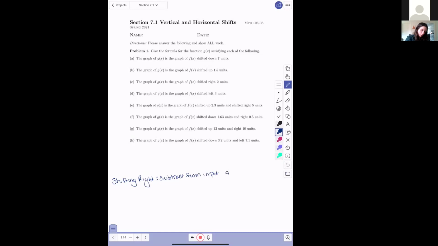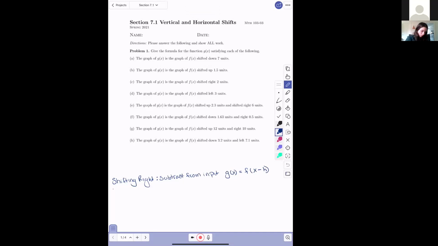So we'd have g of x equals f of x minus whatever value, I'll put k, or actually I'll put h, whatever value we're shifting horizontally.